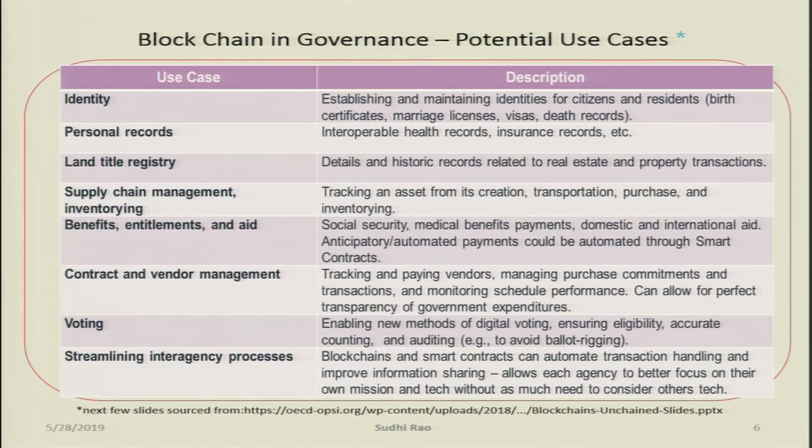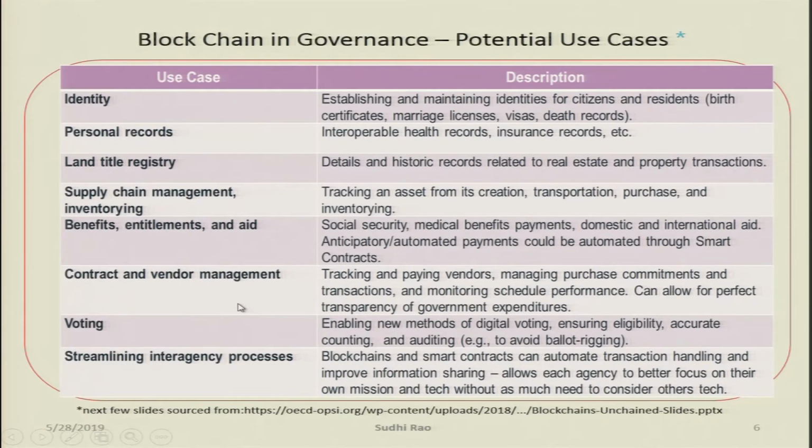So, there is one example of using blockchain in benefits, entitlements and aid. Things like social security, medical benefit payments, domestic and international aid, anticipatory automated payments could be automated through smart contracts. Social security is something unique in the US, but there are similar plans, and some of the schemes coming up in India also come under this category.